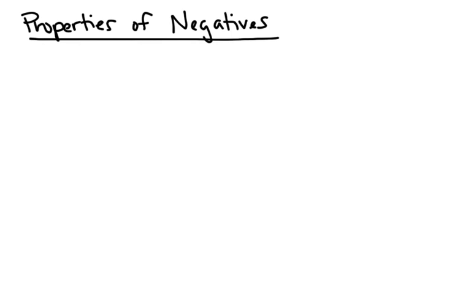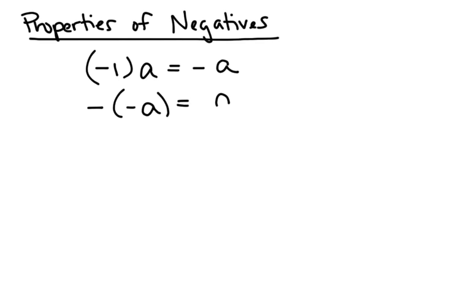Now let's talk about the properties of negatives. These are all properties you know, but they are ones that tend to pop up very often in mathematics. So you know if you multiply a negative times a positive, you get a negative. If you multiply two negatives together, it becomes a positive.